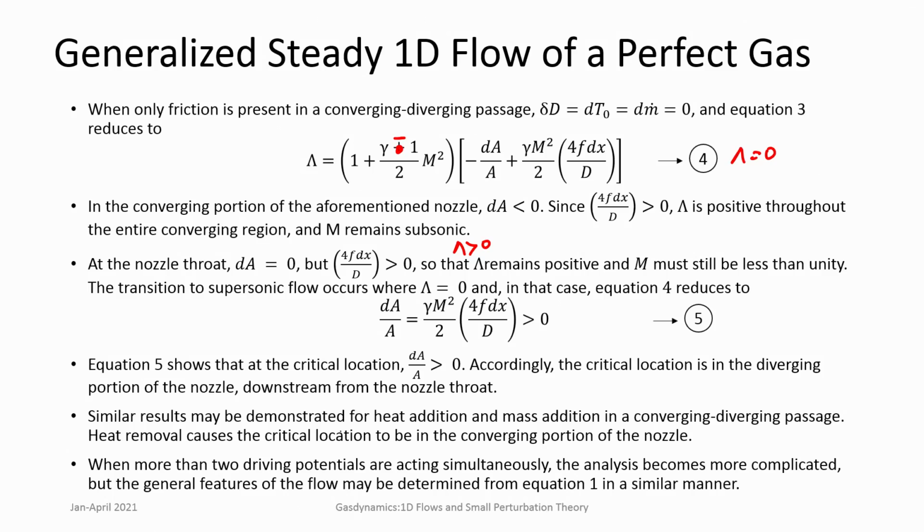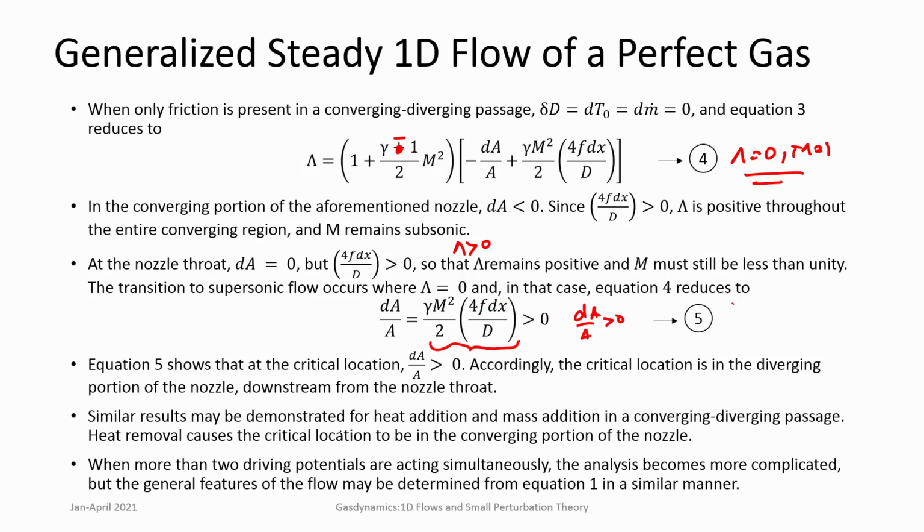So lambda equal to 0 is achieved at M equal to 1, that is the critical point, and this you will be able to achieve when dA by A is exactly equal to gamma M square by 2 times 4f dx by d. Now this term is greater than 0, that means dA by A should be greater than 0.